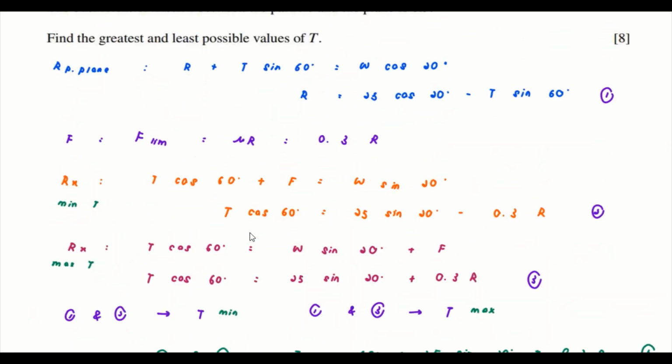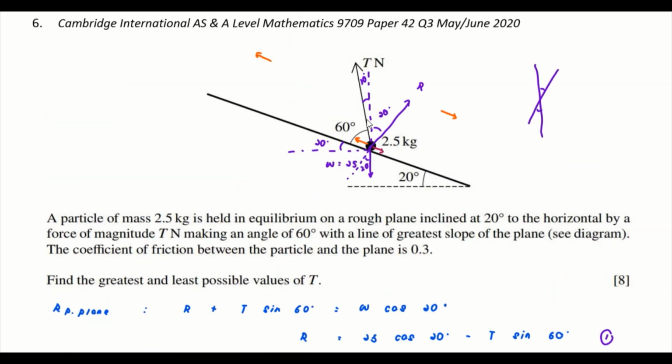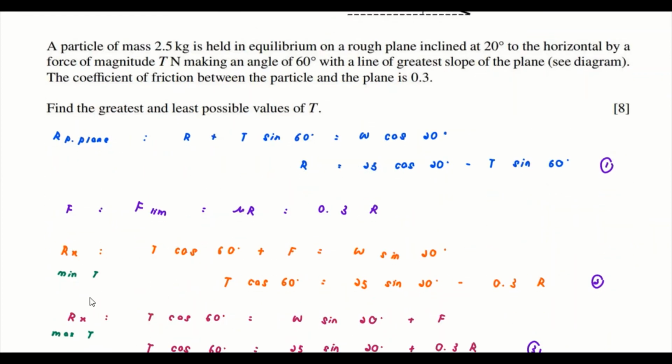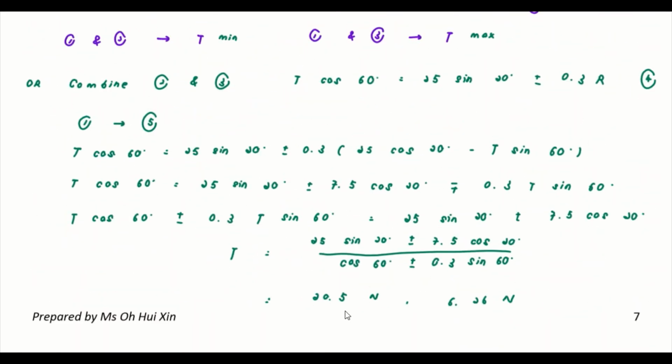So you can see the idea is just that when I apply the minimum force, I'm trying to stop it from sloping down. In the other case, you can see there's so much space between your answers, 20.5 and 6.26. So what I'm trying to do here is that the object is still in equilibrium.